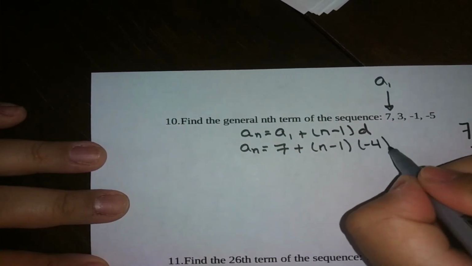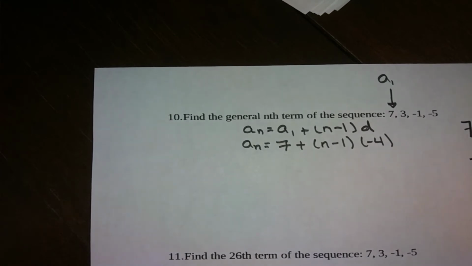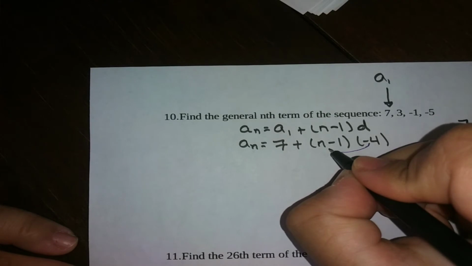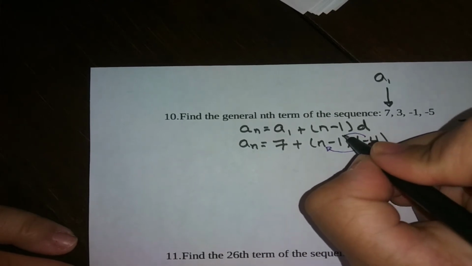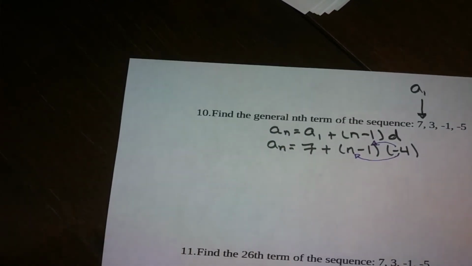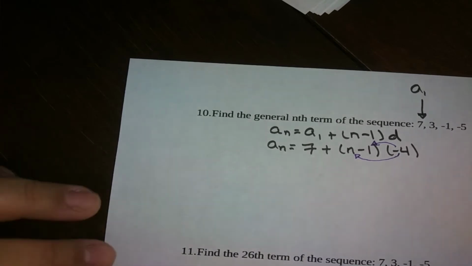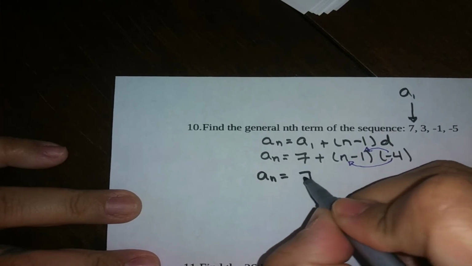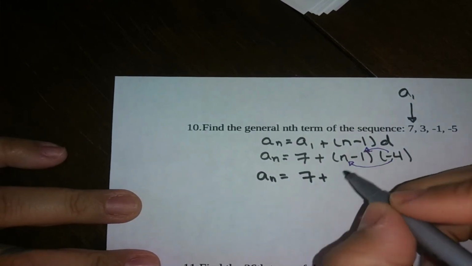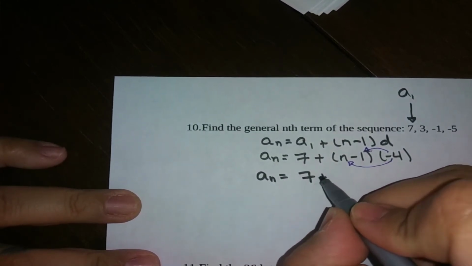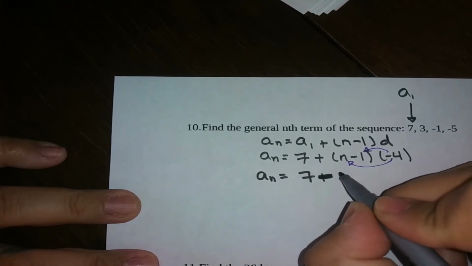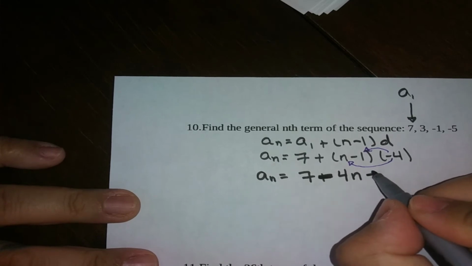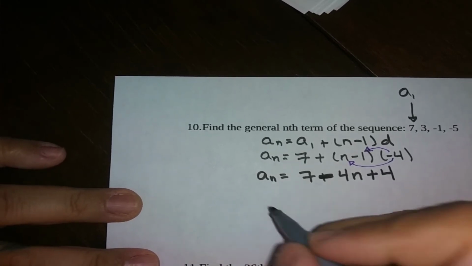Okay, so now what I'm going to do is distribute this -4 to my n and to my -1. So this is going to give me a sub n equals 11 plus -4 times n, which will give me, sorry, this should be a negative 4n. -4 times -1 will give me a positive 4.